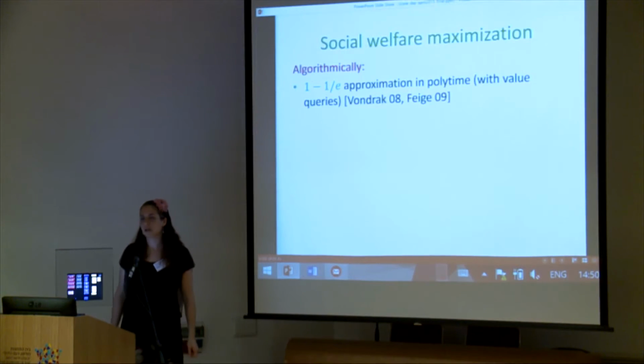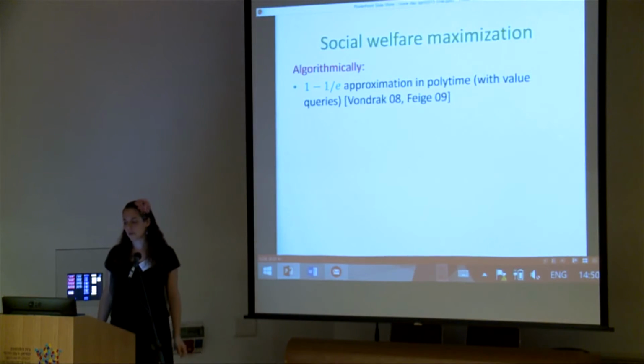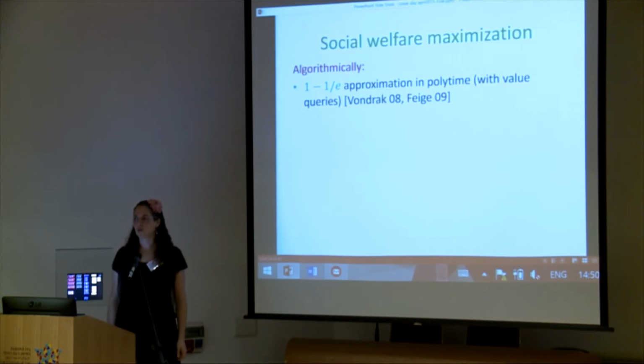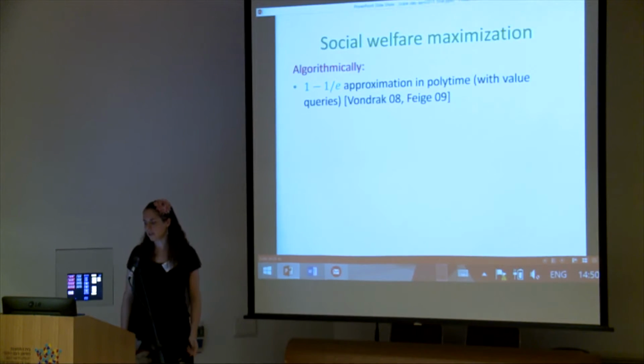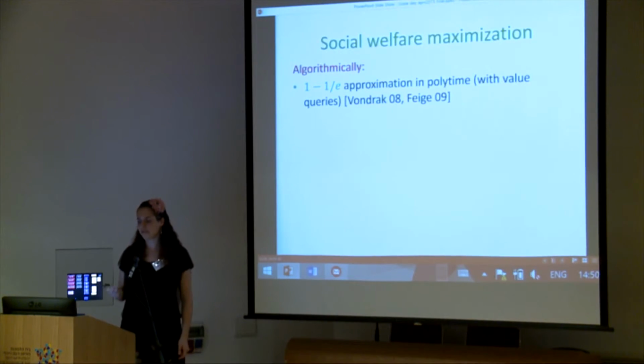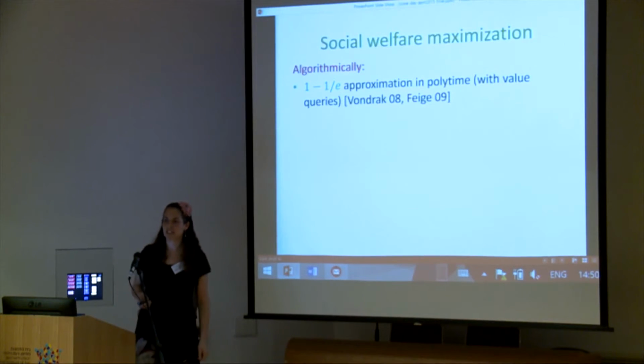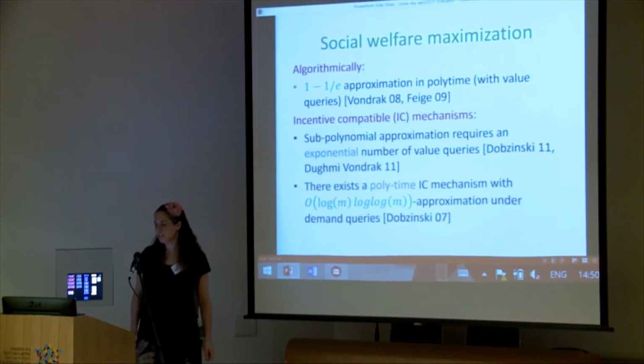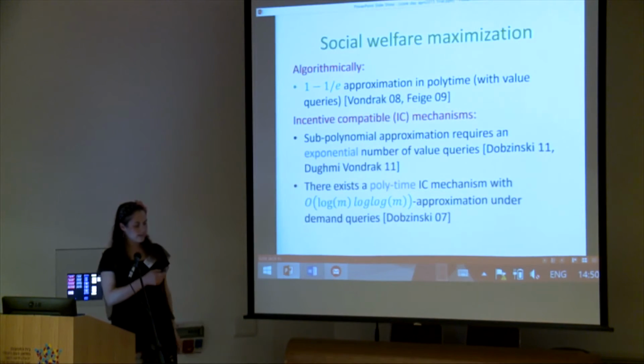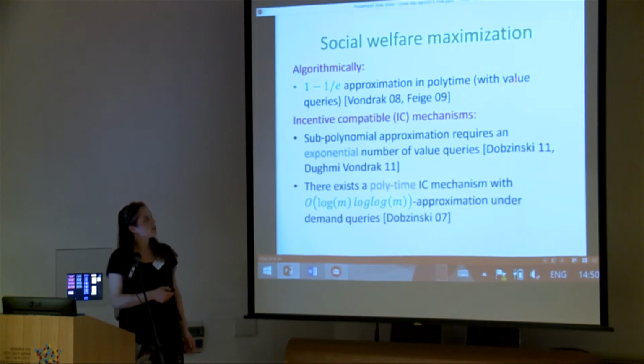What's known about just the algorithmic problem? We know that we have a constant factor approximation that we can get in polytime for welfare maximization under submodular valuations. In terms of incentive compatibility, essentially we have a gap. Why? I don't want to get into the exact definition of the computational model, but we can talk about two different computational models.